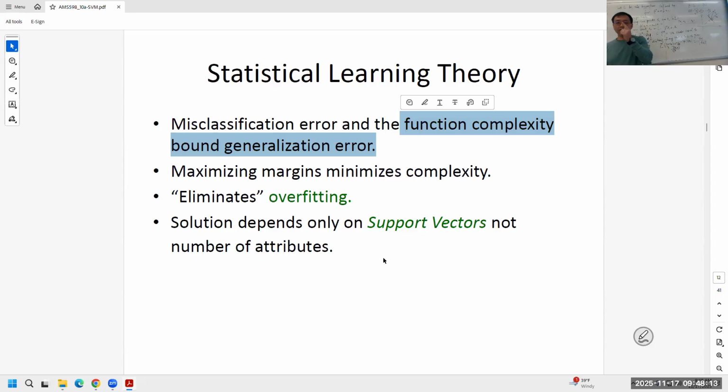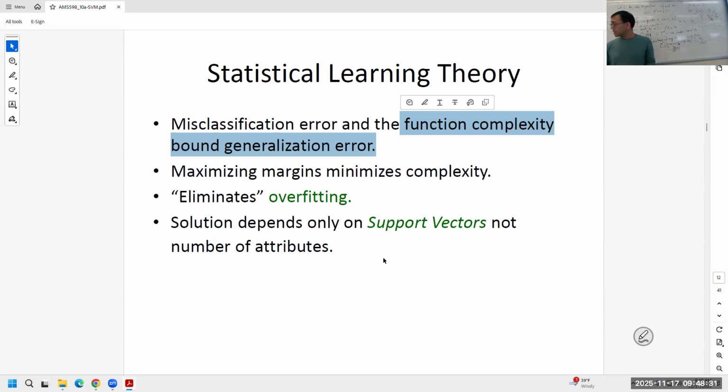Model complexity and model accuracy are two conflicting properties, because the more complex your model is, the smaller the error on your training data.